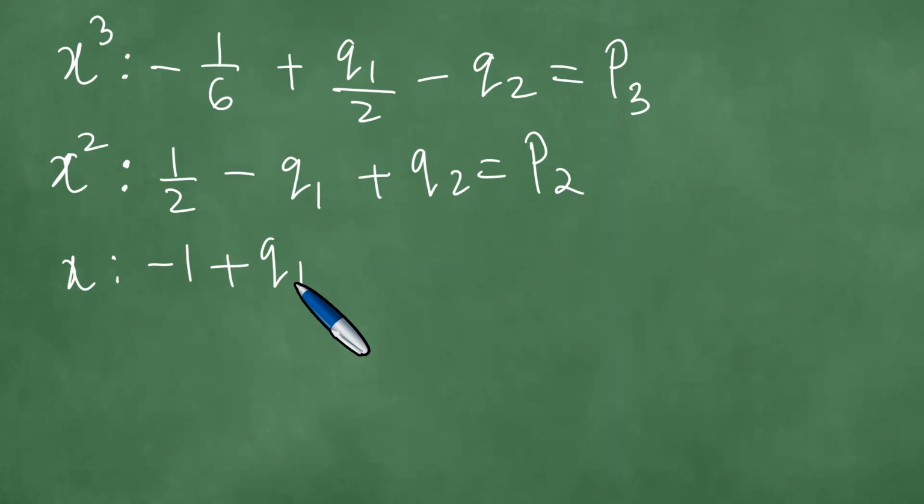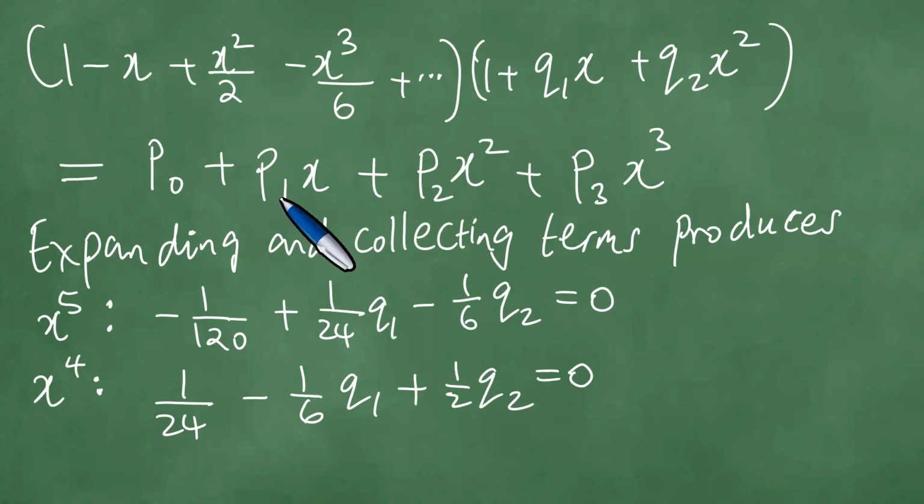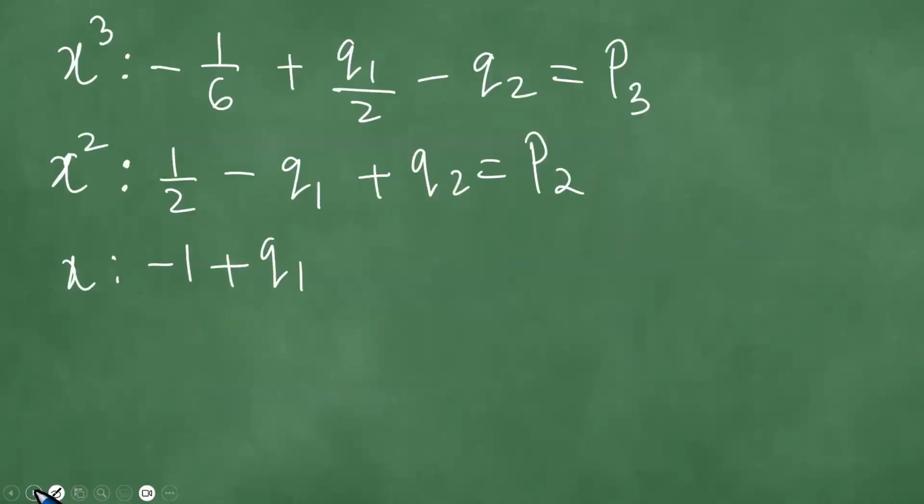So we continue. We look at more things that matter. Okay, but now, what is the coefficient of x? It is p1 on the right. Now we can find the Pade approximation that we want of a given polynomial f. So we continue.